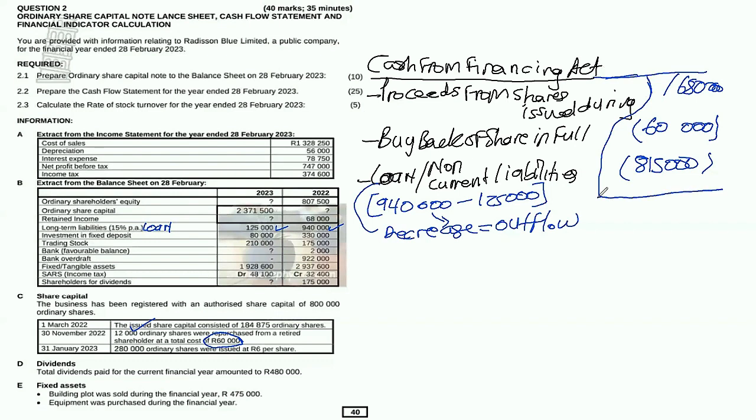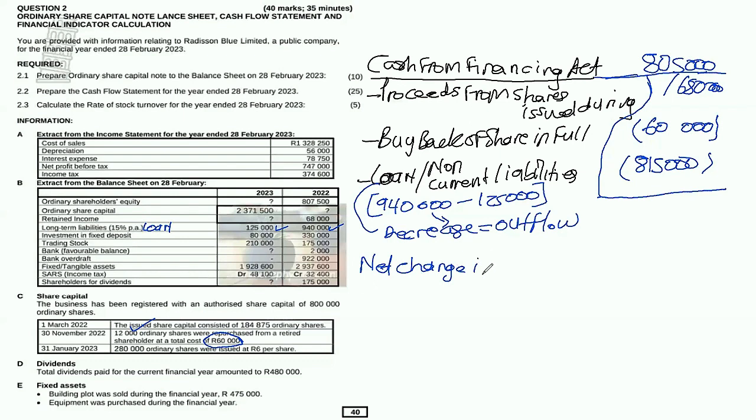Meaning our total financing activities, when you combine all these amounts, will be positive 805,000.